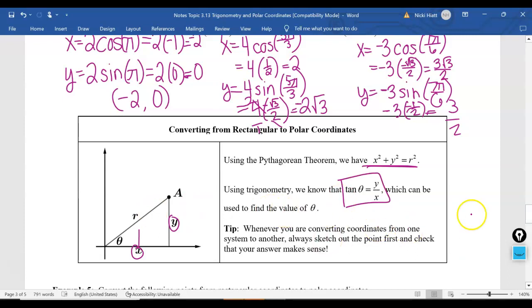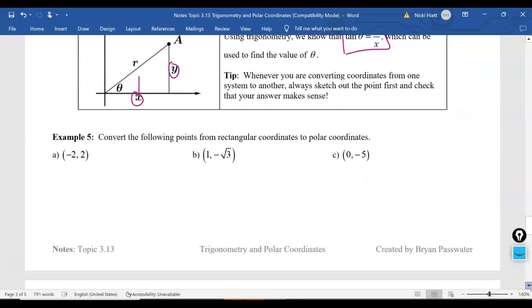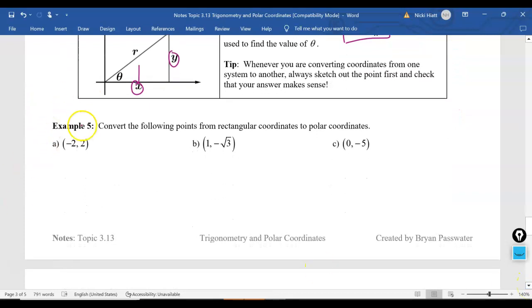It's a good idea, he notes here, to always sketch this point out first. That way you can tell if your answer makes sense. So let's look at example 5 here. We got the point negative 2, 2. And so if we think about graphing that, just negative 2 up 2, it's going to be in the second quadrant right here.